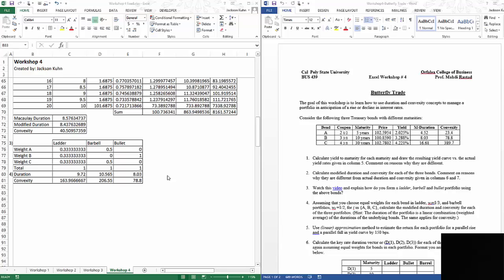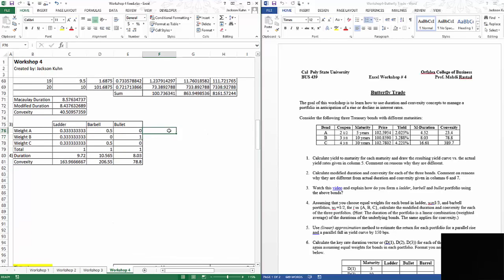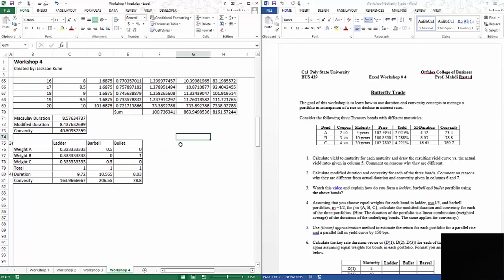For question number 5, we're going to use a linear approximation method to estimate the return for each portfolio for a parallel rise and fall in the yield curve by 150 basis points. So what we're going to do here, over in the corner up here, we'll do just BPS rise, and that's going to be 0.015, for 1.5%, which is equal to 150 basis points.